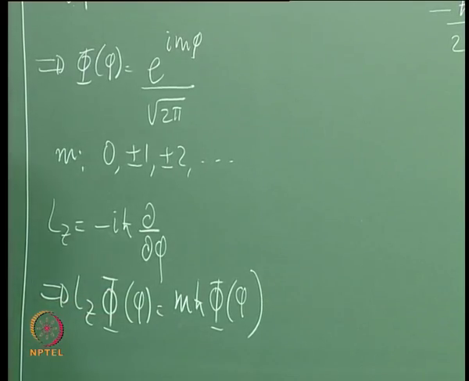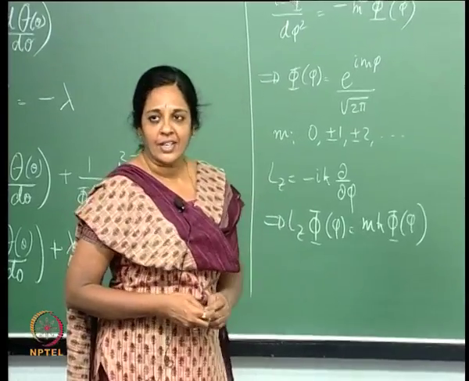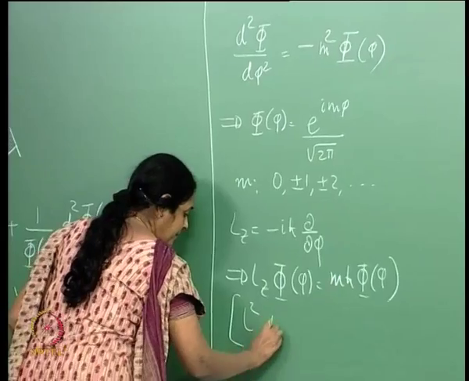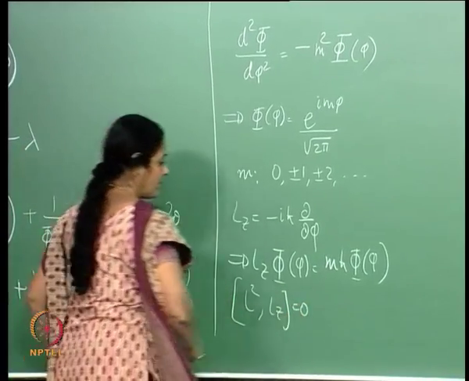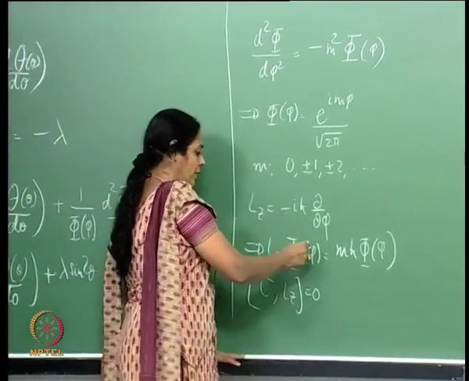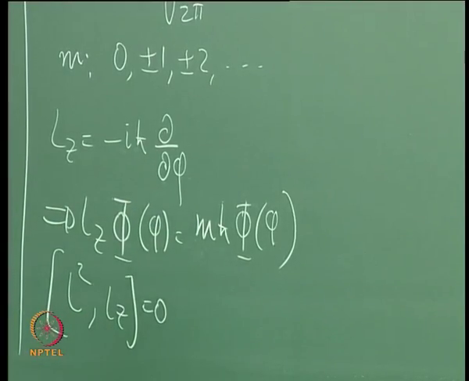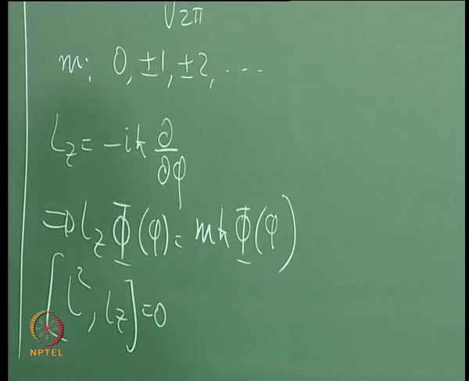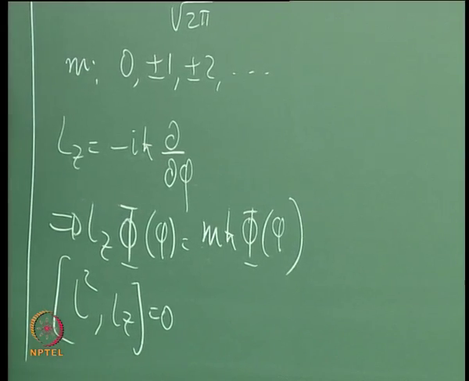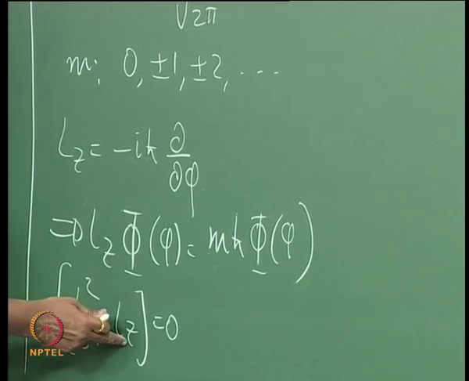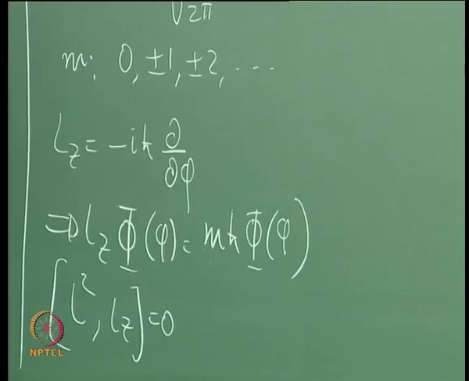Not surprising that phi of phi is an eigenstate of Lz as well, because L squared and Lz commute with each other, and therefore this object phi of phi here is a common eigenstate of L squared and Lz. The eigenvalue corresponding to Lz would be m h cross.